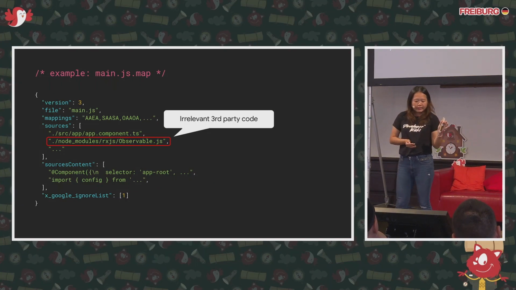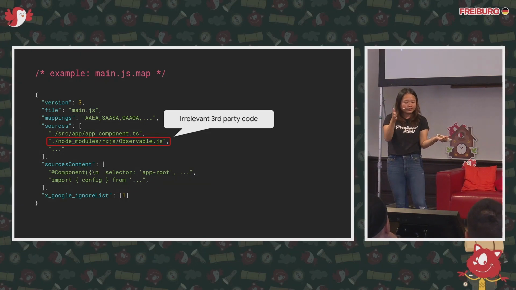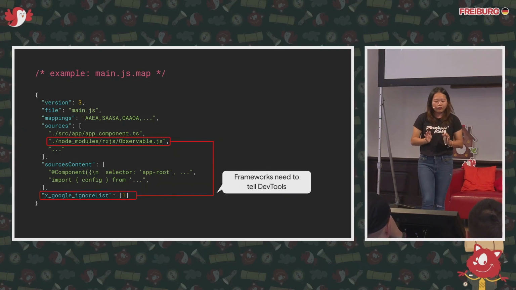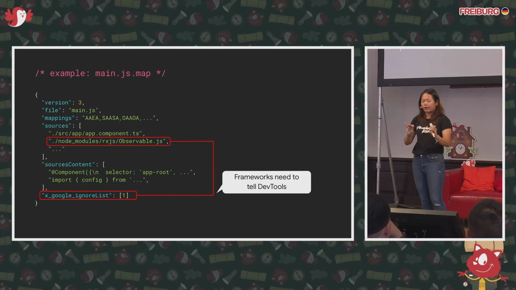In here, the sources list out all the source files that you wrote. For example, in this particular case, the node module files are something irrelevant. So your framework or your build tools need to tell DevTools that this is something the developer doesn't really care about; it's probably irrelevant third-party code.